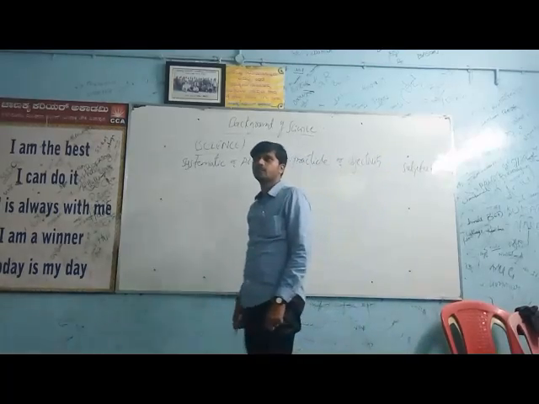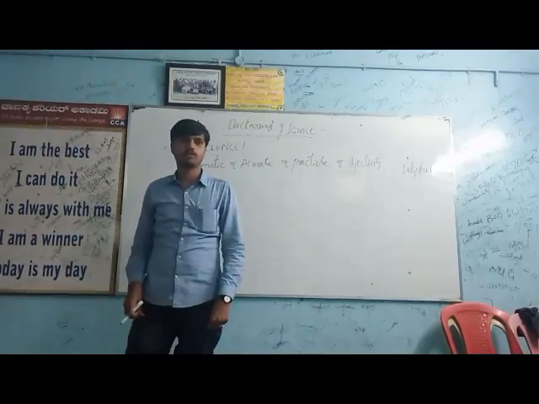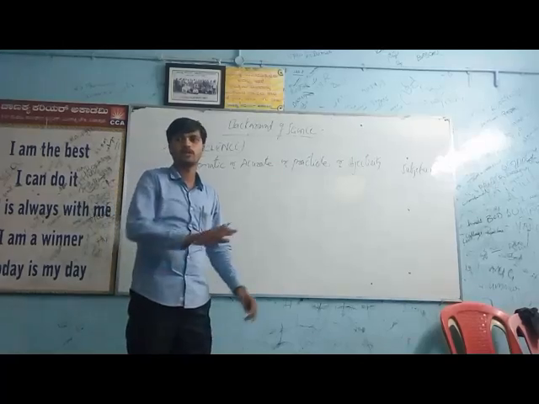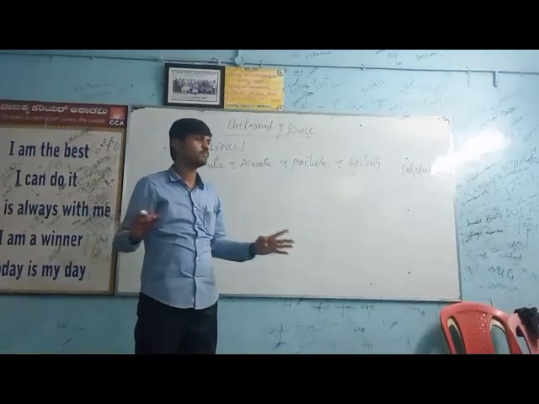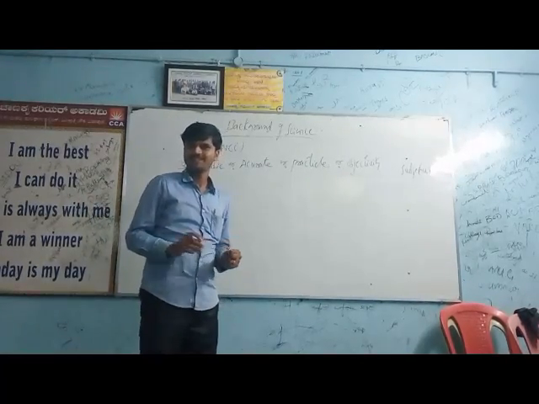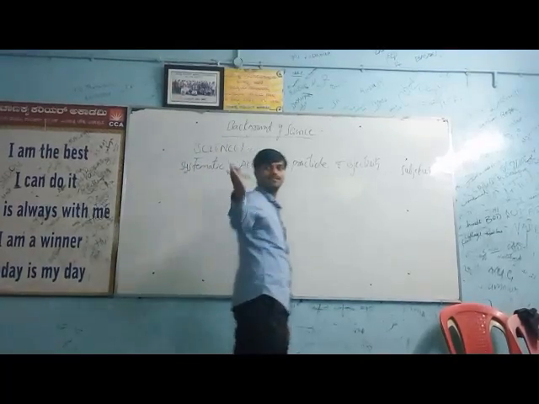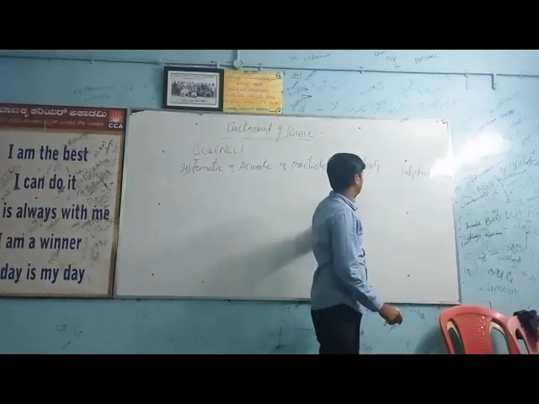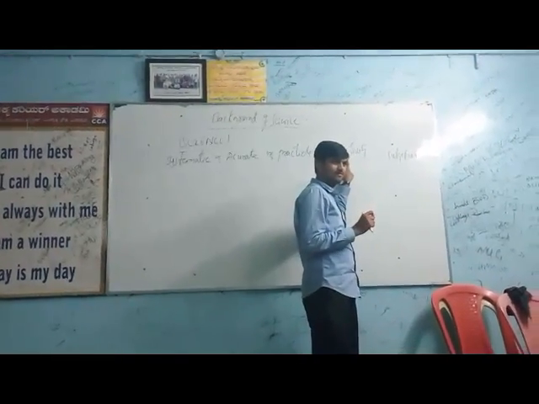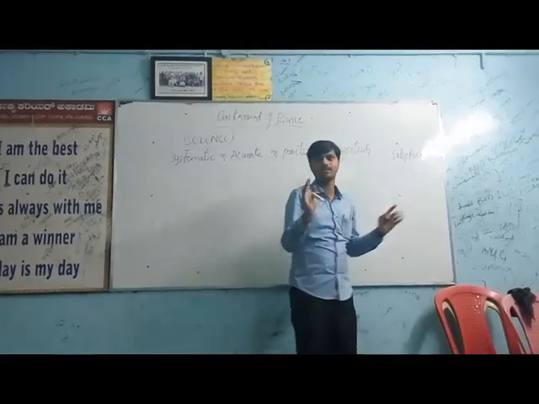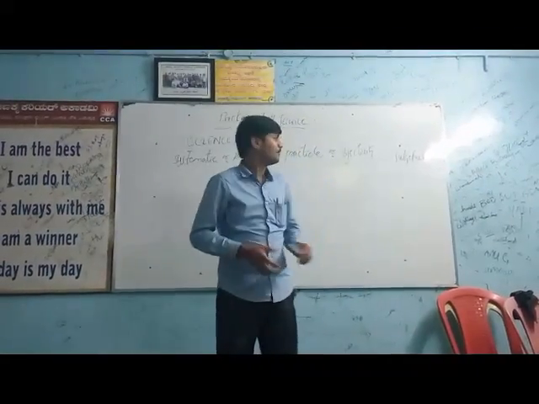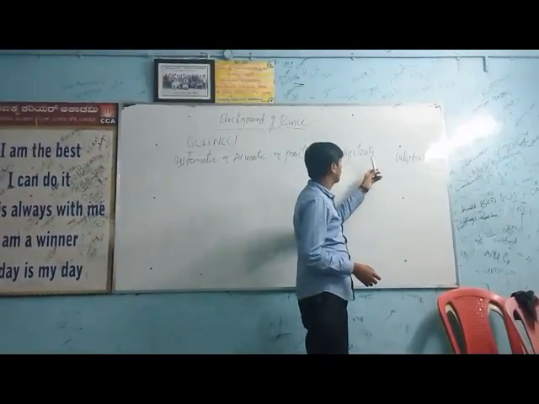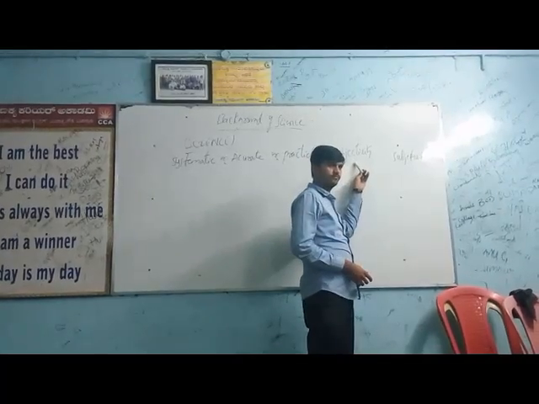I think you may be familiar with objectivity and subjectivity because you are B.Ed and D.Ed students. Objectivity in Kannada is Vastunishta; subjectivity is Vyaktinishta. But science is purely based on objectivity, not subjectivity. Do you agree?